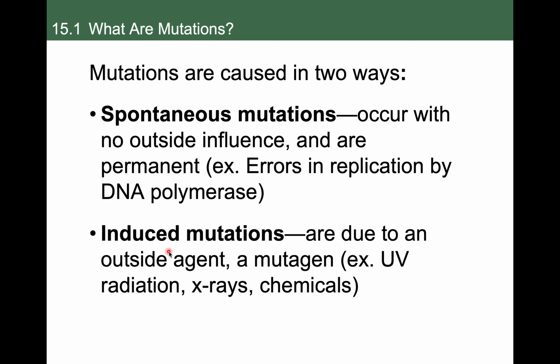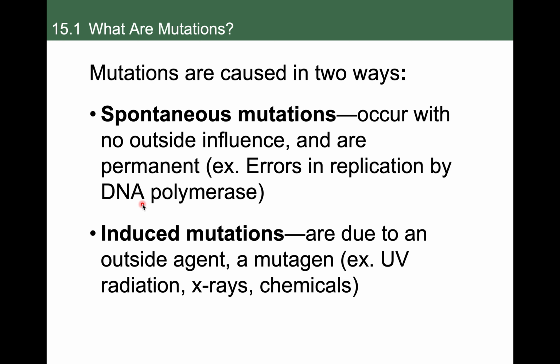So, what causes mutations? If mutations are changes in the DNA, how does that happen? And there's really two ways. So, mutations could be spontaneous, meaning there's no outside factor that's causing that mutation. And really, those would be mutations that are just due to mistakes made by DNA polymerase, which remember is the main enzyme that copies DNA during DNA replication.